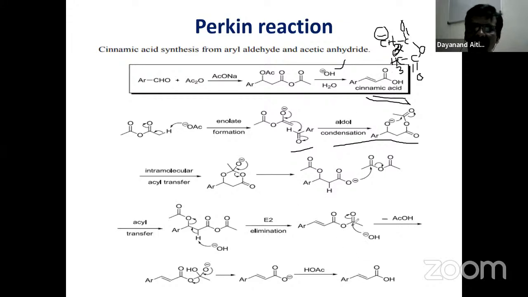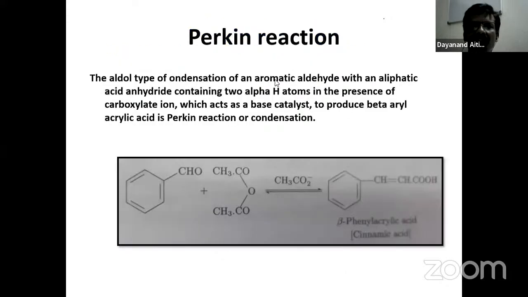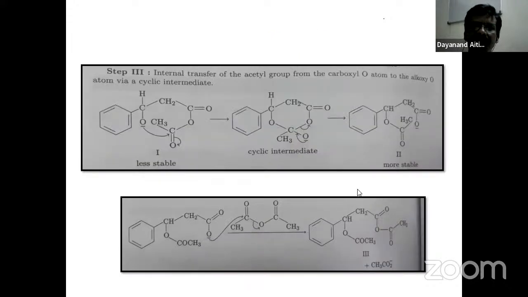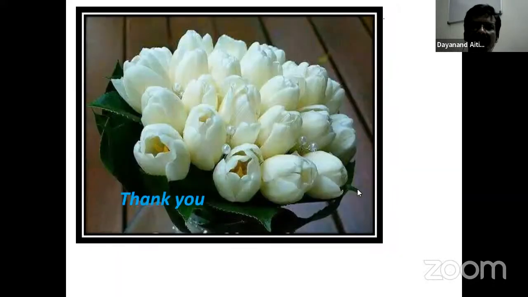Okay, this is about Perkin reaction. It is also involving alpha hydrogens. Okay, this is the product. Cinnamic acid. Beta phenyl acrylic acid is cinnamic acid. Okay, all this is the mechanism.